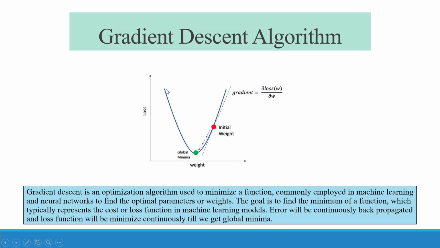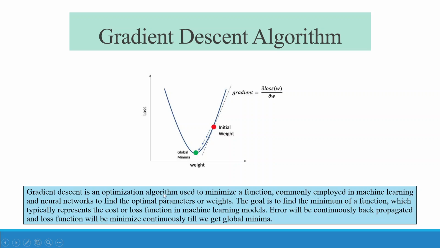It's just like you are standing in a valley and you throw a ball. The ball will go to the lowest point. This is the global minima. So this is the initial weight. Then the back propagation starts. Error starts minimizing and we reach the lowest point. This is the global minima where the losses are minimum.